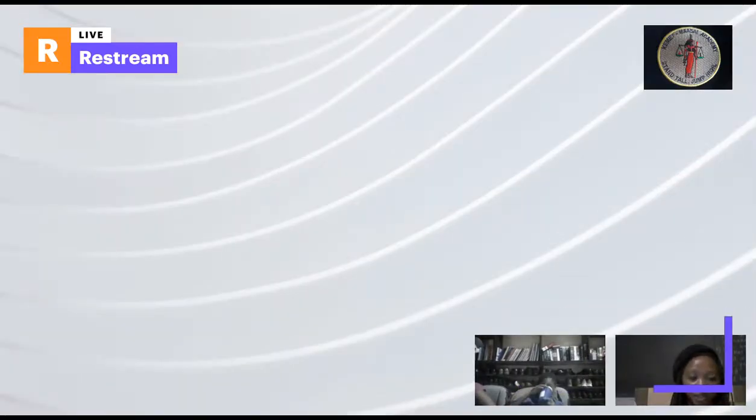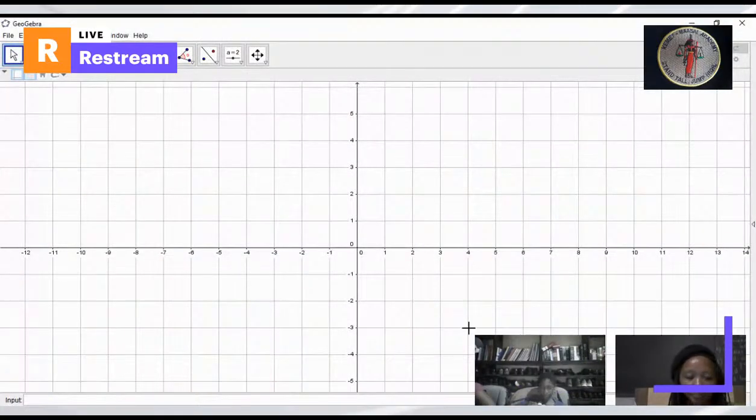So this is the GeoGebra software. And here we have our Cartesian plane or our coordinate plane. We have our x-axis, which is the horizontal line. In this case, the scale is going up by 1.